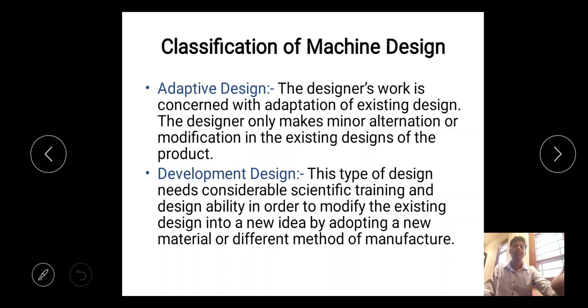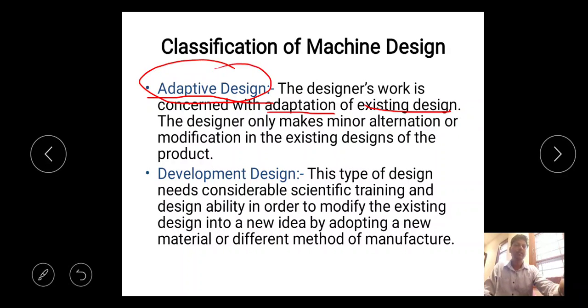So that is adaptive design. What do you mean by adaptive design? See, already one machine is there, and there you are just repairing it. That is also called design. The existing design is there, and you are adapting, improving or repairing it. That is called adaptive design.